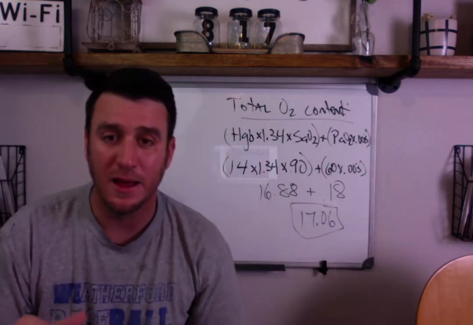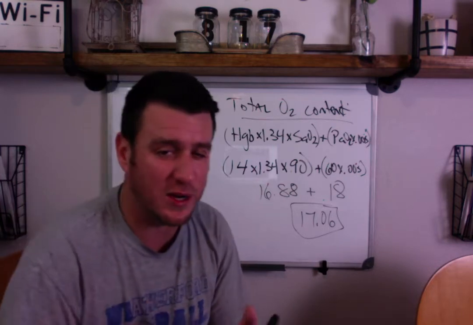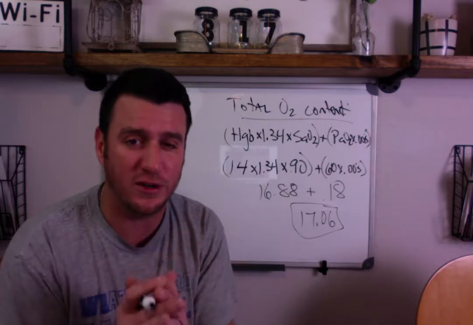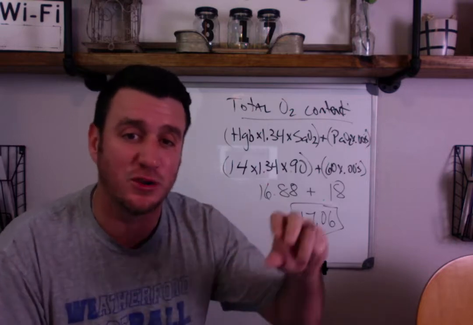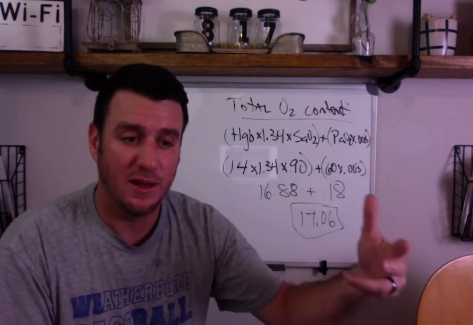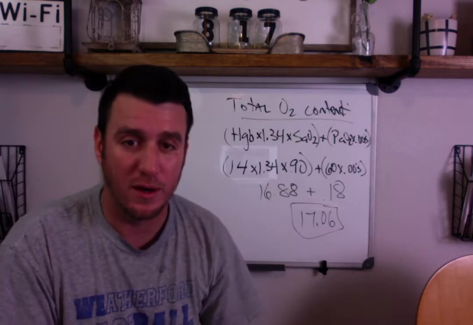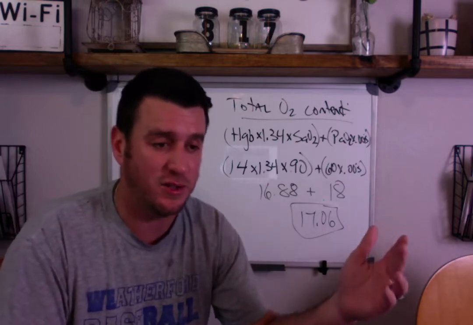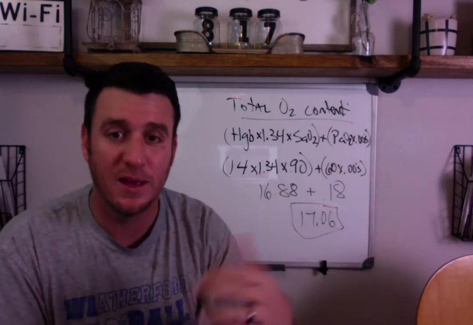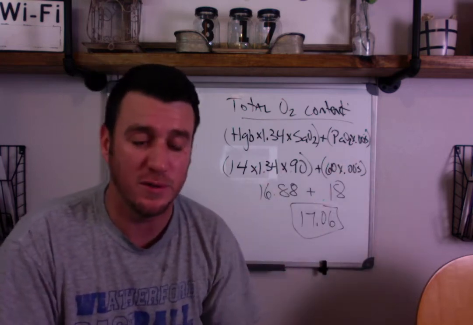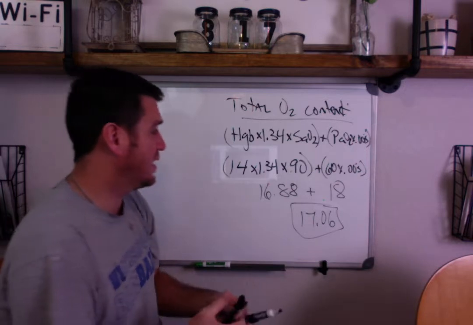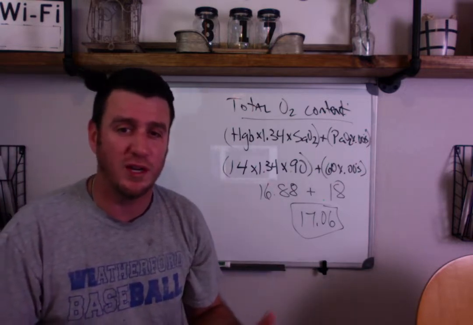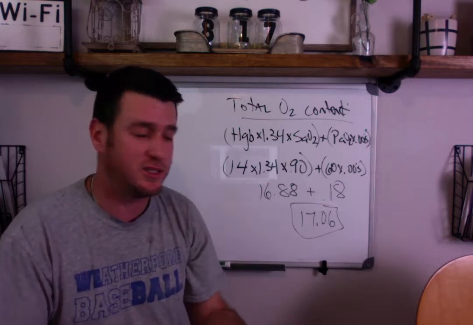Now, let me illustrate this for you in a different manner, okay? So that you understand why saturation is more important than increasing or decreasing FiO2 based off of PaO2. All right? Look, when we change FiO2, all we really change is arterial oxygenation.